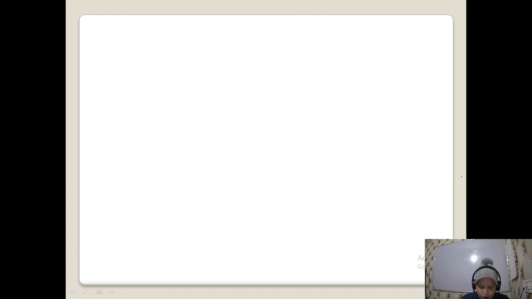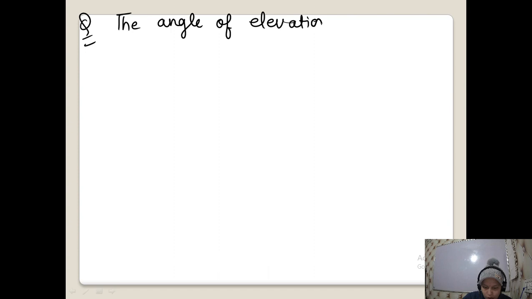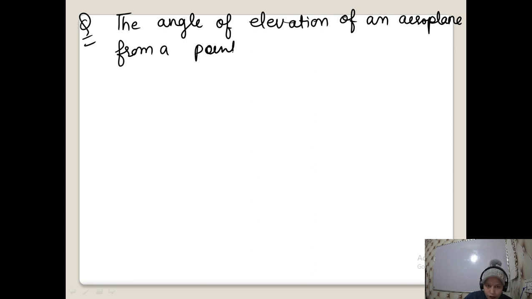Now next question that is important. The angle of elevation of an aeroplane from a point on the ground is 60 degree.